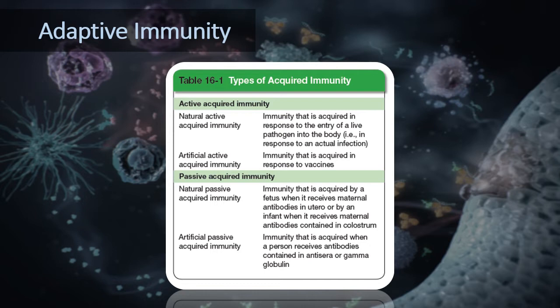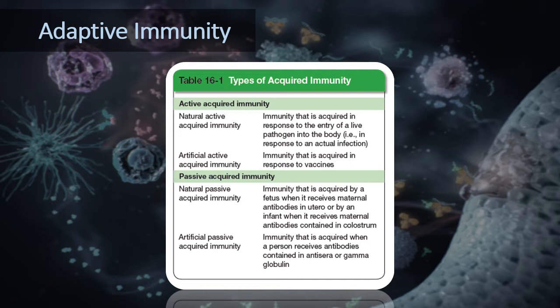To sum up, we have a table here for the types of acquired immunity. So when we say active acquired, we have two types, the natural, where immunity is acquired through an actual infection, and artificial, where immunity is acquired in response to vaccines.